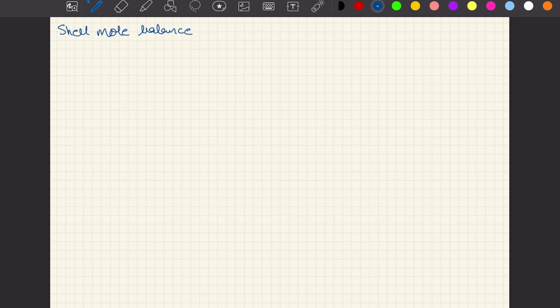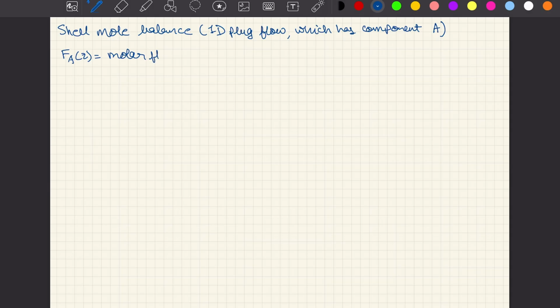We'll be looking at a 1D plug flow which has component A. Where FAZ will represent the molar flow rate of A at position Z, and the unit will be mole per second.